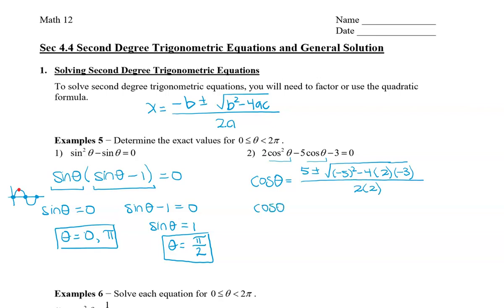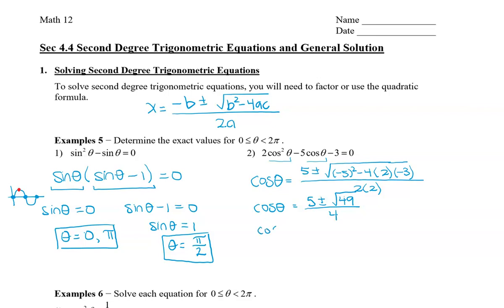So here we have cos theta. And we can solve this. We don't really need a calculator, but we have negative 5 squared, which is 25. And then 4 times 2 times 3, that's going to be 24. So 25 plus 24, we have the square root of 49. And that's all over 4.